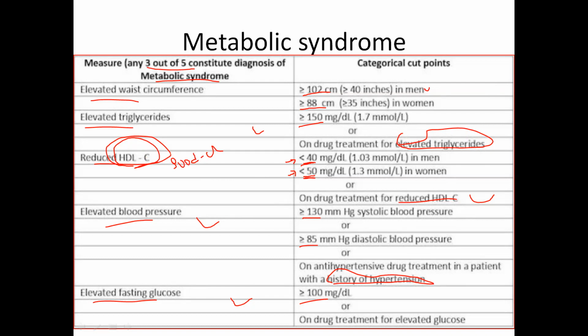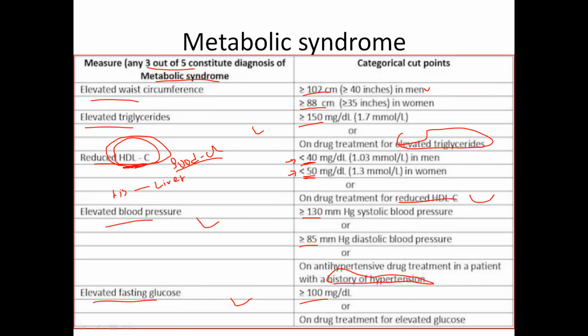Normally this HDL is produced in the liver as well as in the intestine. The function of this HDL is that it transports cholesterol from the peripheral tissue to the liver. So it has a cleaning-up function, cleaning those cholesterols from the tissue to the liver, and then the liver will excrete those cholesterols.